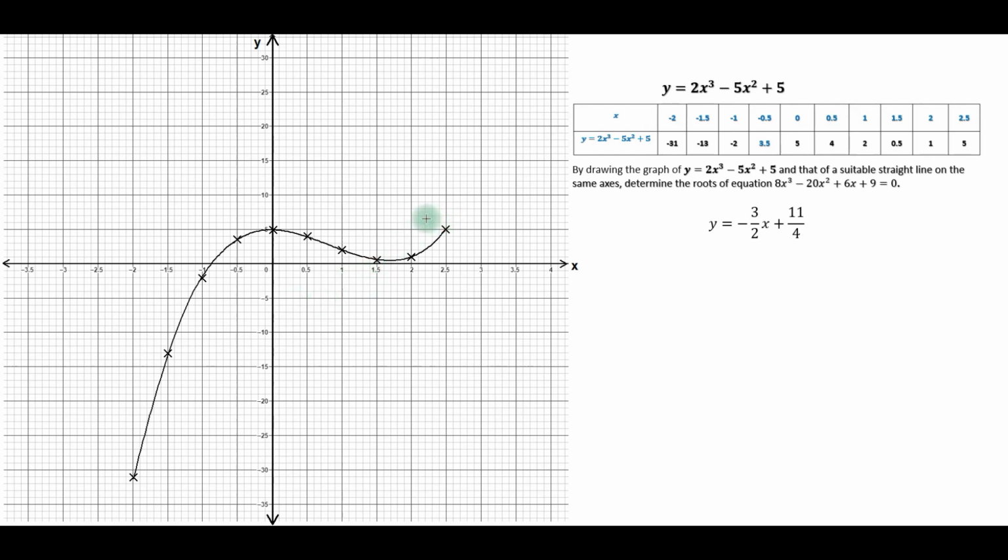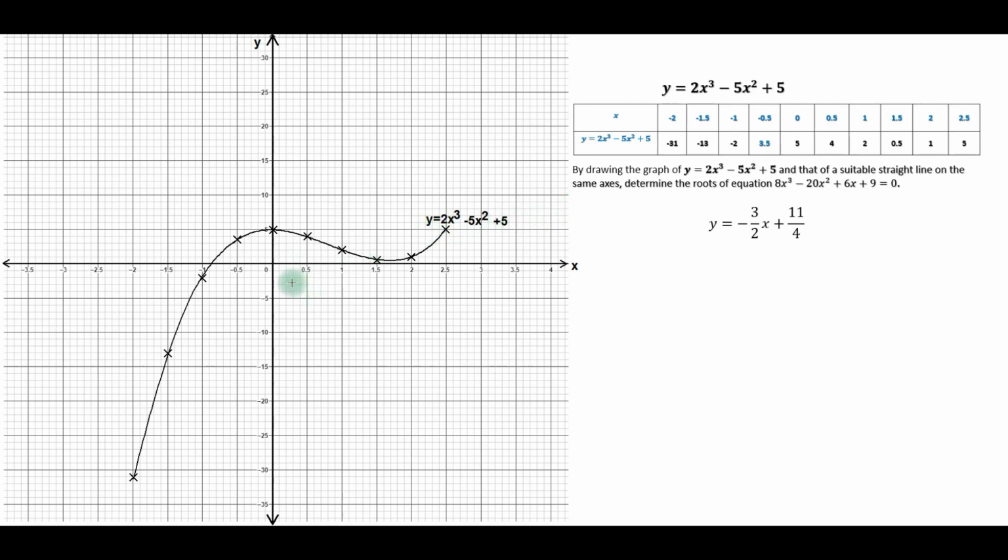That is y is equal to 2x cubed minus 5x squared plus 5. So that is the cubic graph we have drawn.